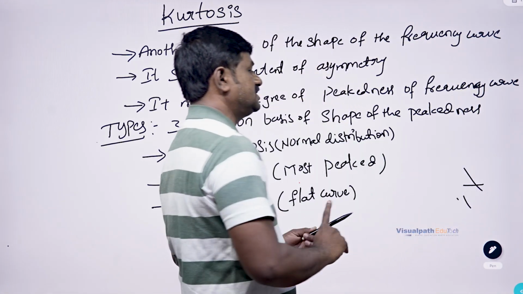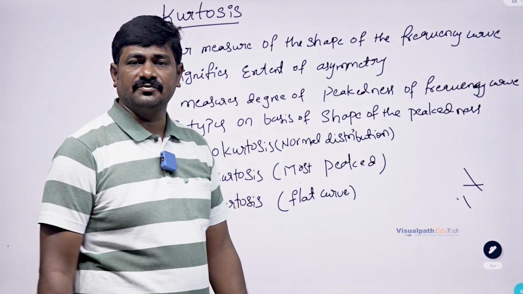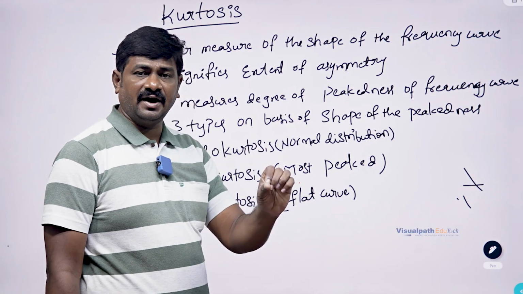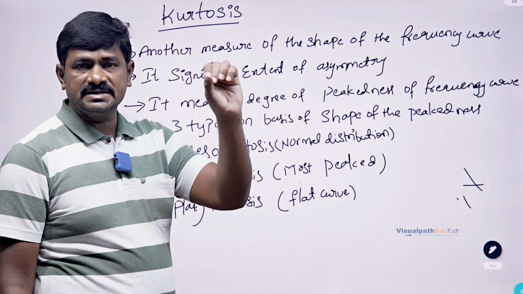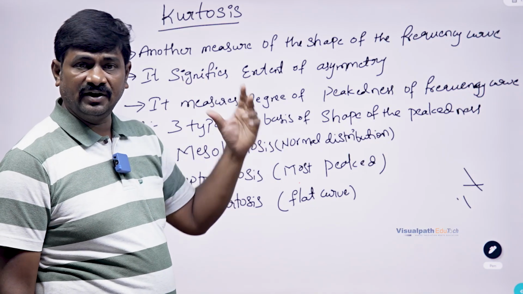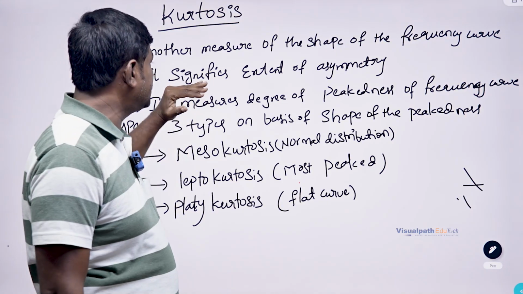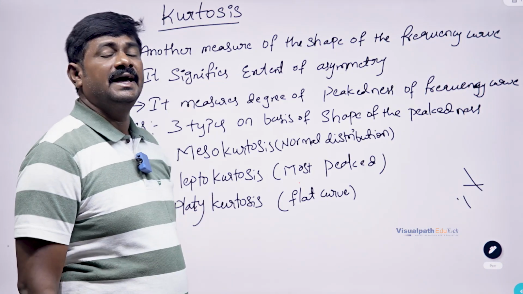It is also one of the measures of the shape of the frequency curve. So it is going to identify the curve shape, what is the nature of that curve. We are going to identify it with the help of kurtosis. And the next point is that it signifies the extent of asymmetry.